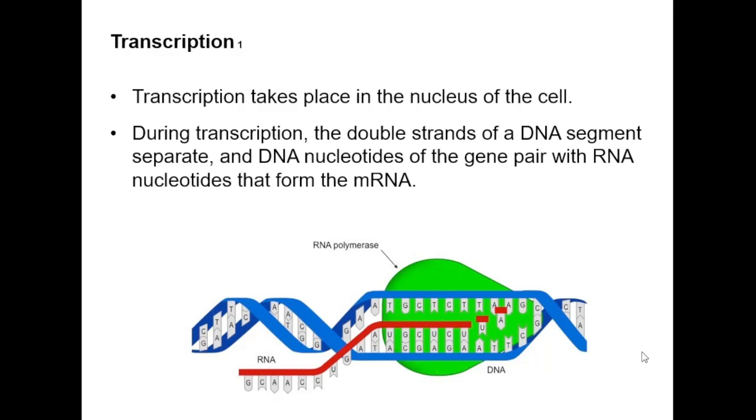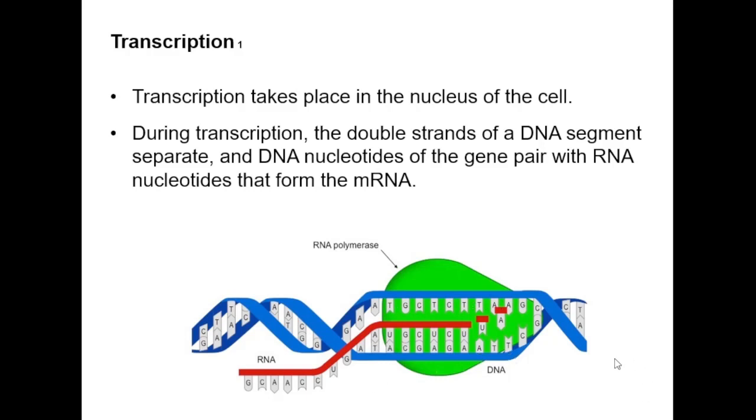Transcription. Similar to your DNA synthesis, transcription takes place in the nucleus. Why? Because again, we are making a copy of the DNA, and the DNA is housed in the nucleus. So what happens here is almost similar to DNA synthesis, wherein your DNA will open up, not everything, but only a segment of the DNA. Once it opens up, it will expose the individual nucleotides, as you can see here, on top and at the bottom.